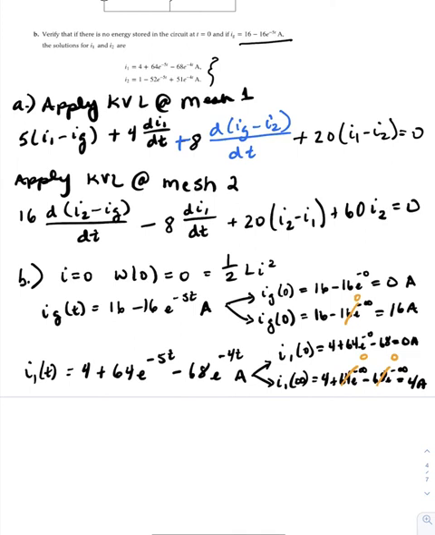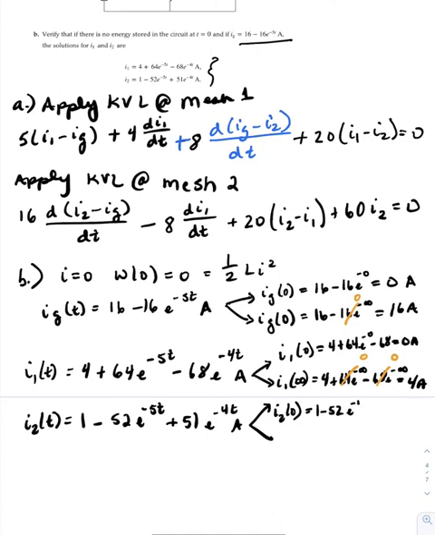Okay. I sub 2 of t is 1 minus 52 e to the minus 5t plus 51 e to the minus 4t amps, and I sub 2 of 0 is 1 minus 52 e to the minus 0 plus 51 e to the minus 0, which is 0.